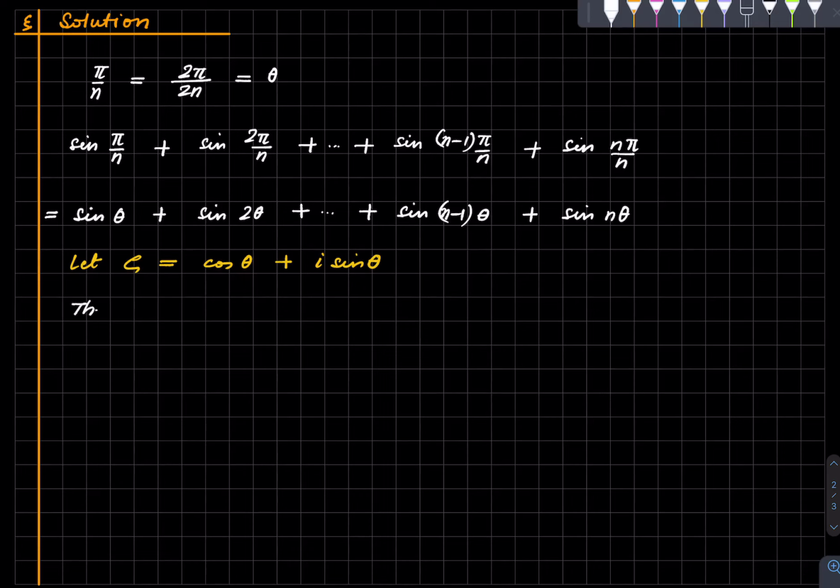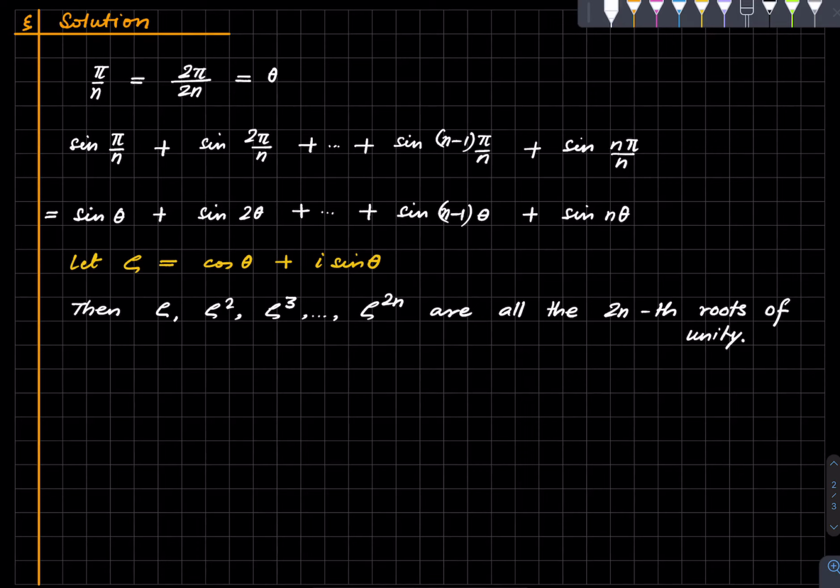Then zeta, zeta square, zeta cube up to zeta to the 2n are all the 2nth roots of unity. Not that we need to know this really, but I just wanted to spell this out. Okay, so the required sum, let's call this equal to S.